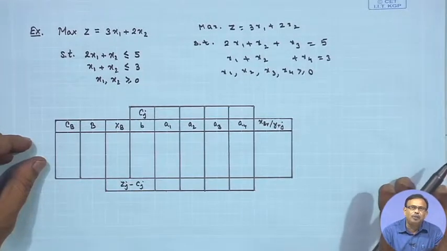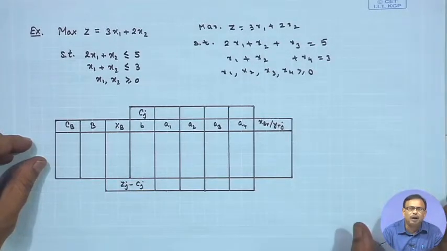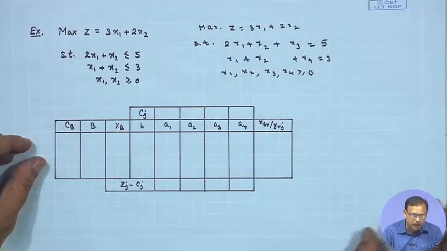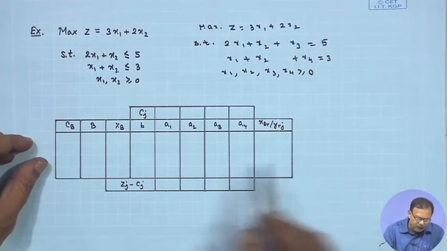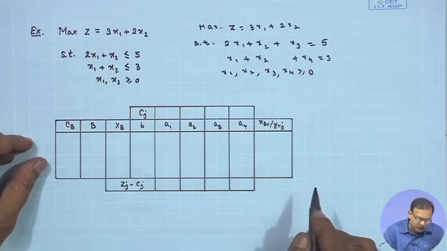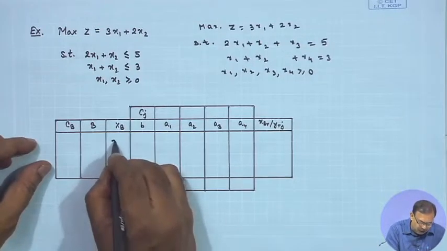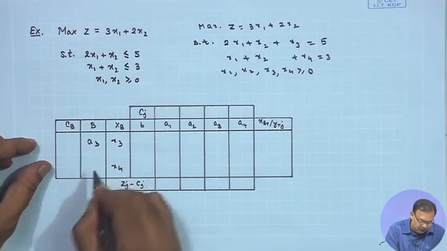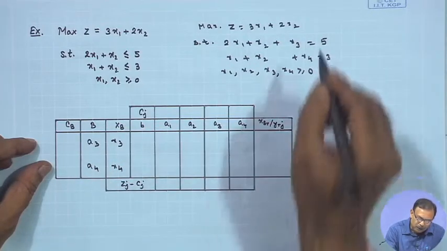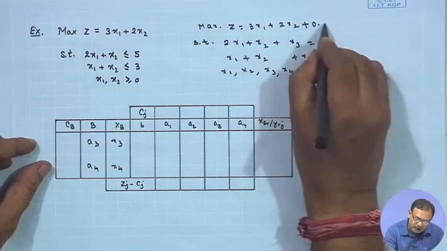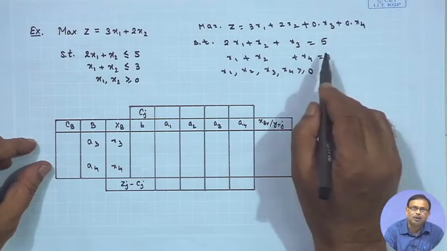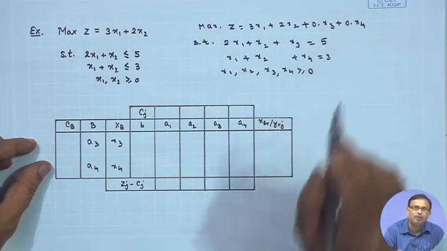So, the basis will be x 3 equals 5 and x 4 equals 3, or in other words the vectors in the basis will be x 3 and x 4 respectively. So, let us first formulate the initial table. Here you are having x 3 and x 4, so that here you are having a 3 and a 4. Of course, the coefficients of these slack variables are 0 in the objective function, so you are writing 0 into x 3 plus 0 into x 4.